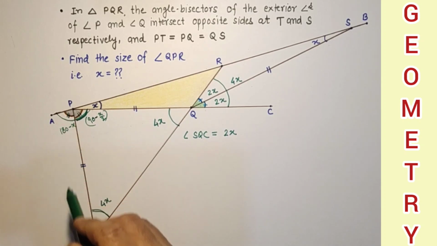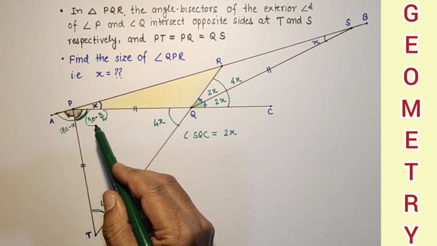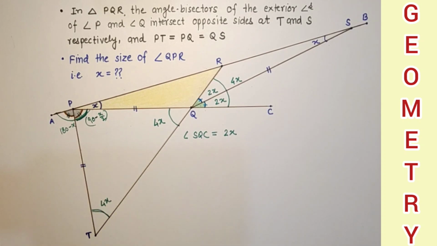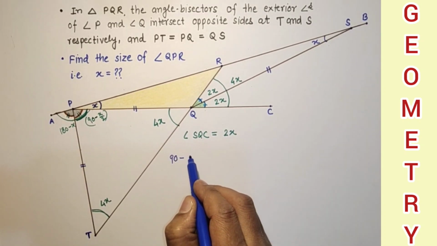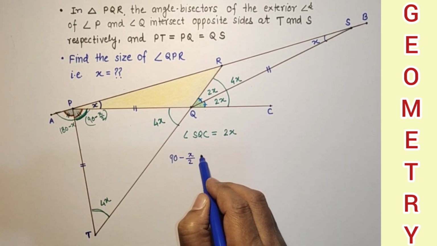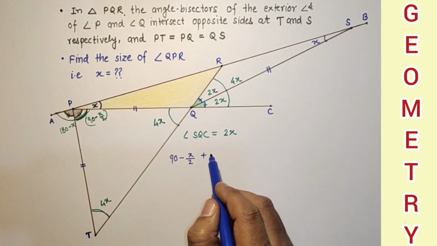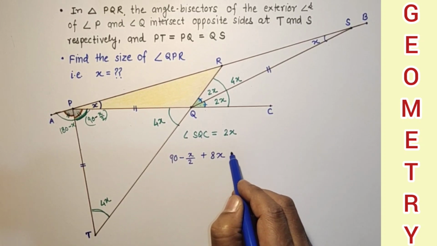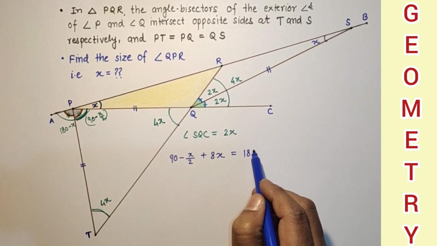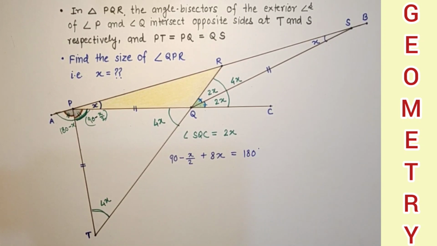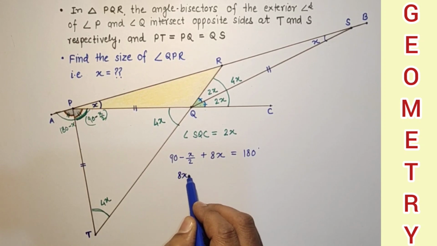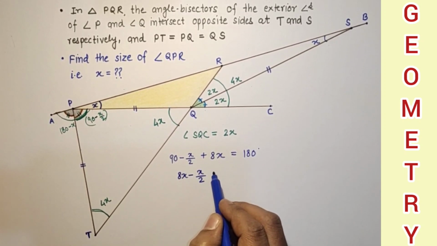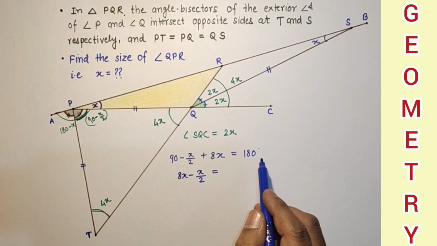So for this triangle PTQ, if we add all these three angles, we will get 180. So therefore 90 minus X by 2 plus 4x plus 4x which is 8x, that is equal to 180 degrees, and therefore 8x minus X by 2 is equal to 180 minus 90, which is 90.